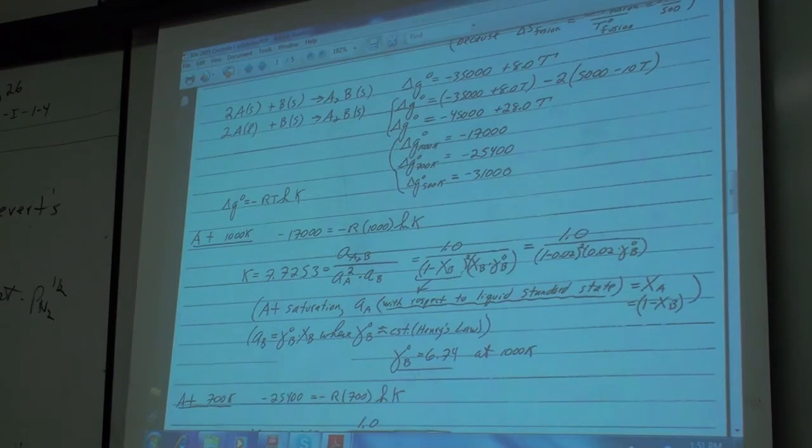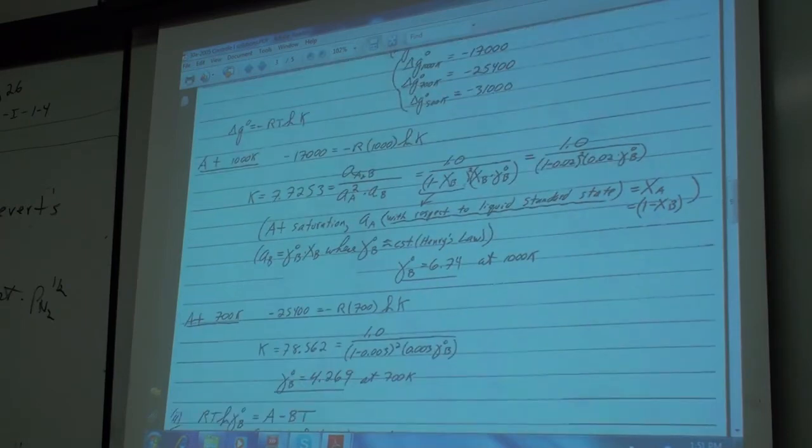So the activity coefficient of B is 6.74. And at 700 degrees, I can calculate the activity coefficient of B in exactly the same manner.